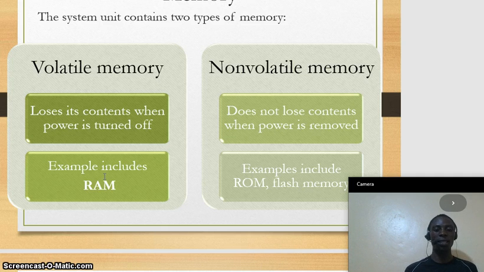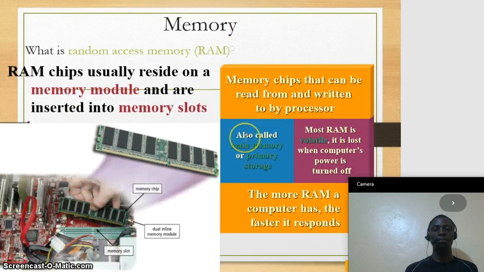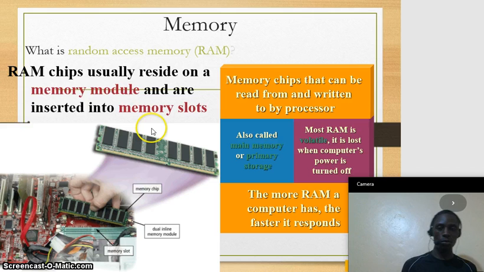It contains information about the computer that was put by the manufacturers. You can't add or remove information on it. That is the ROM, the read-only memory. Now we are looking at what a random access memory is. As we said, it is that kind of memory that loses its content.